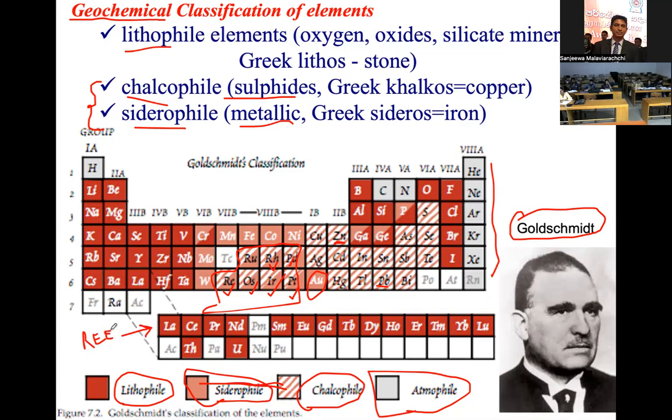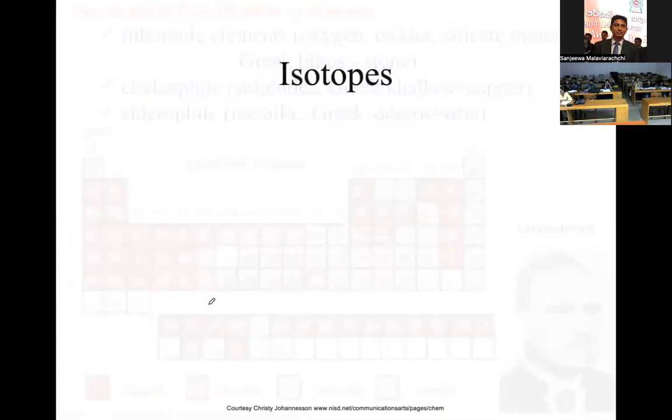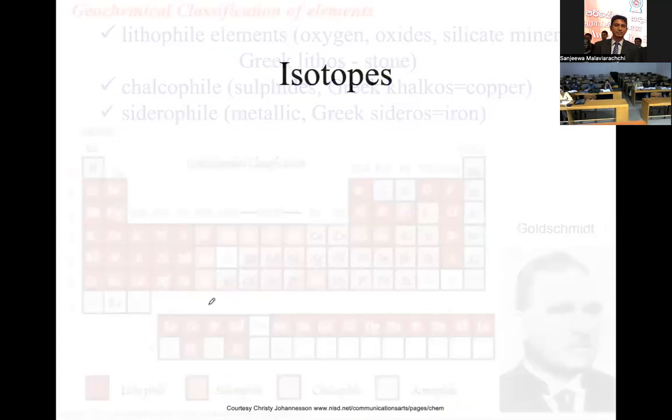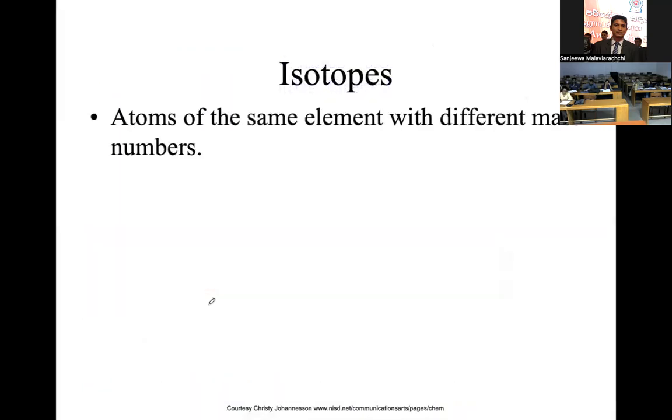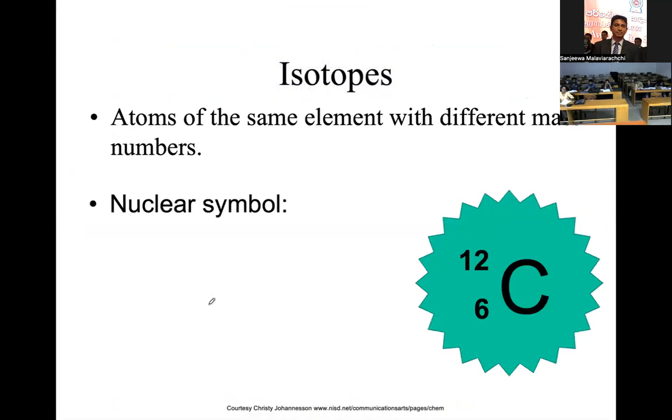Okay, different geochemical processes or geological processes, we use these different categories of elements. So this is a very basic classification of elements, because we might be using them in the future in our lectures.